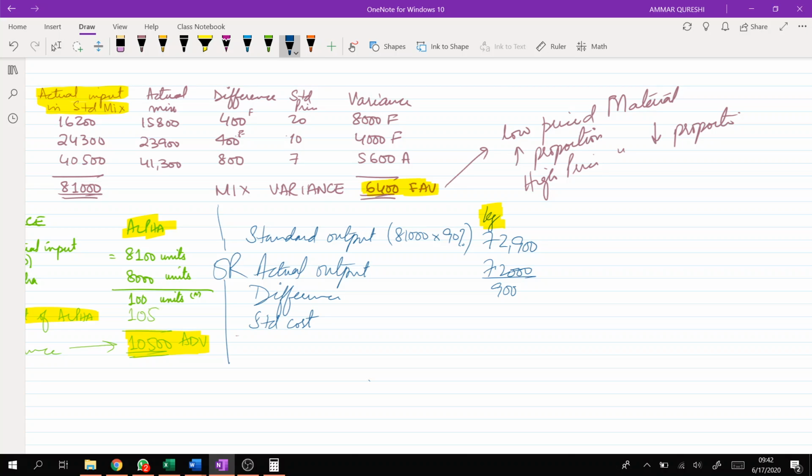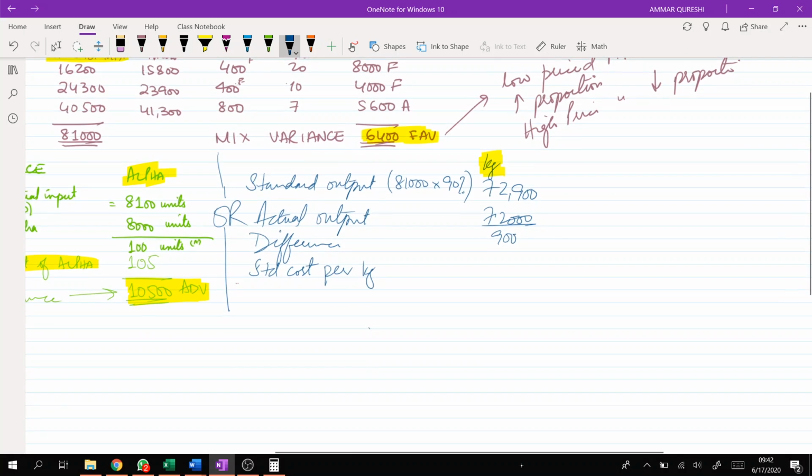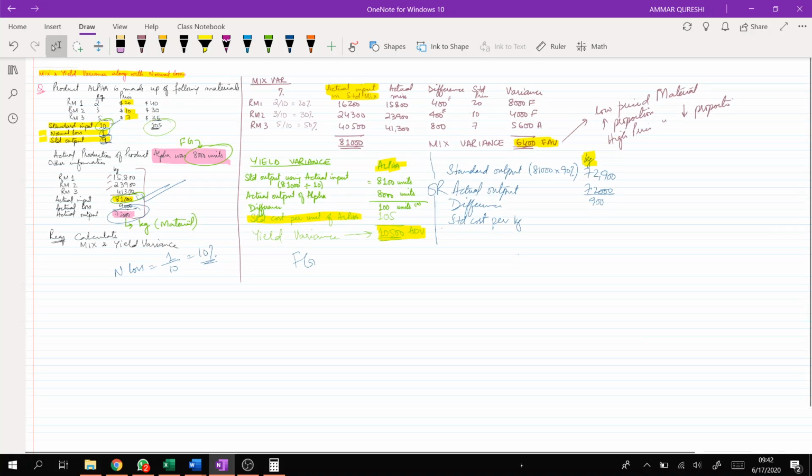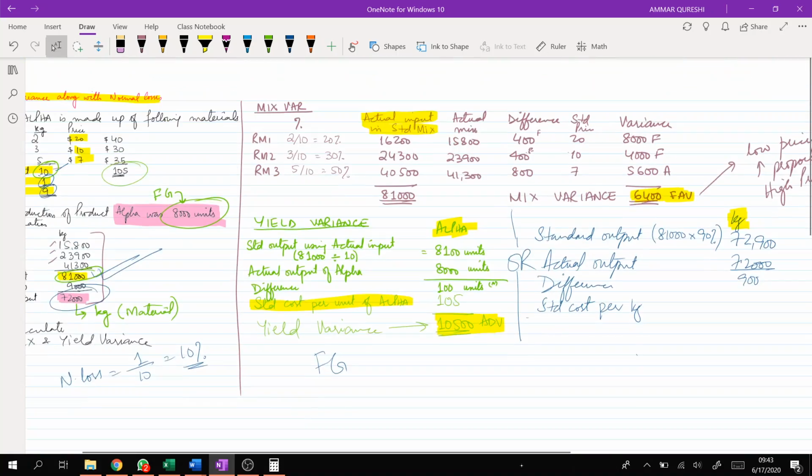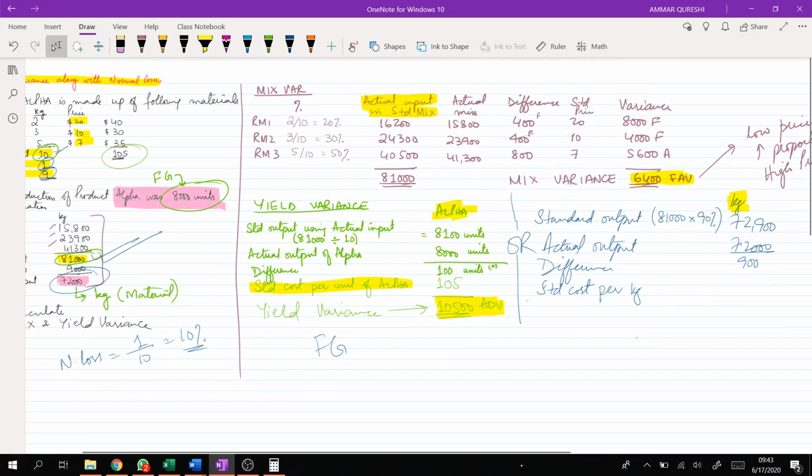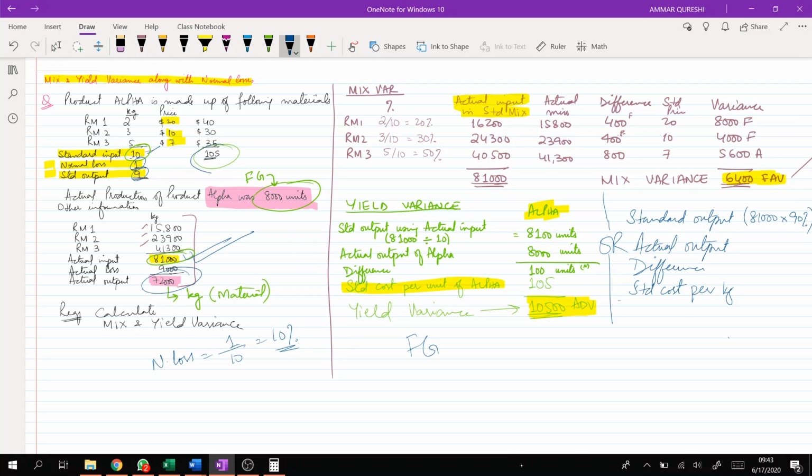Since this output has been calculated by using kilograms, that means we have to use a standard cost per kilogram in this situation. This is the first point. Now the question is, see, cost is 105. This is the cost. Now the question is, this 105 should be divided by what?